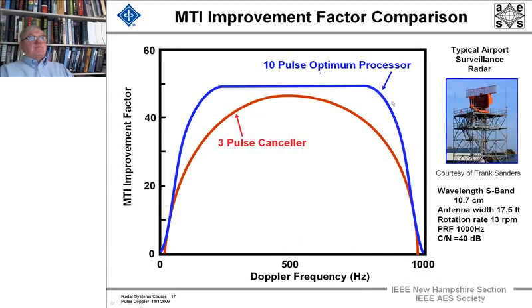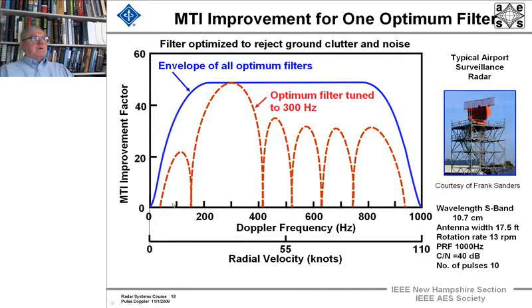So you can get a lot better performance in rejecting ground clutter, but we still have to deal with rain, and we'll be seeing how we do that in a moment.